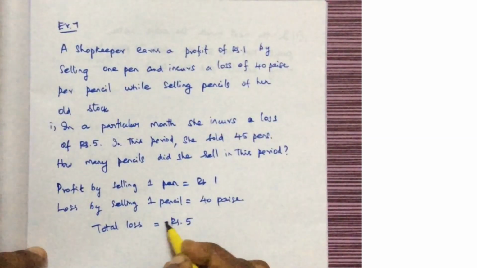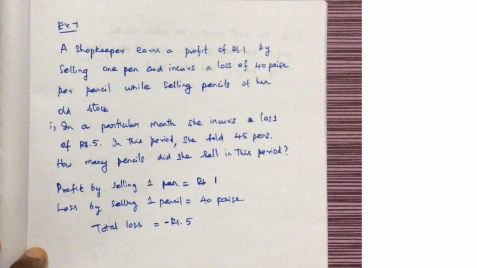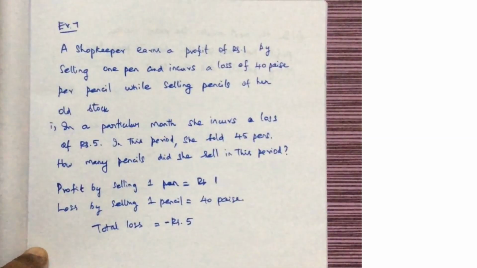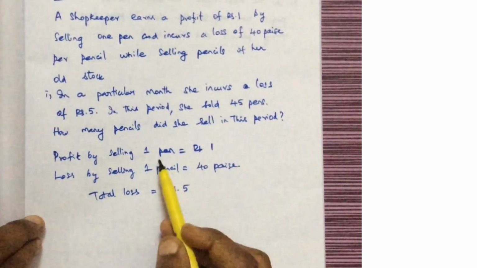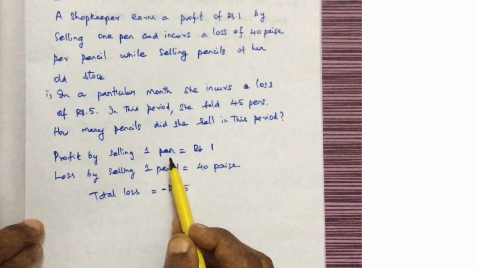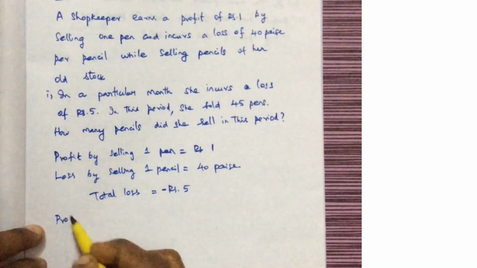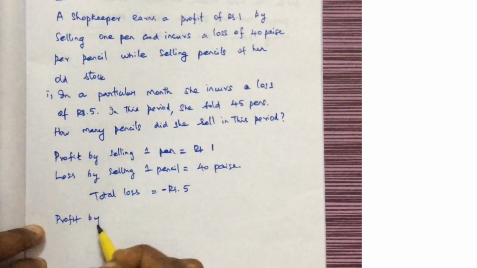You can put a minus to denote the loss also. Okay. So in this period she sold 45 pens. If she is selling pens, then there should be a profit for that. Let me calculate what that is. Profit.